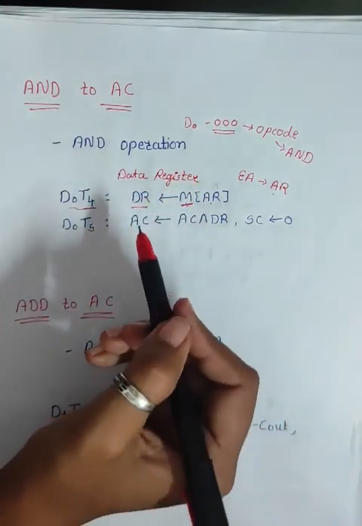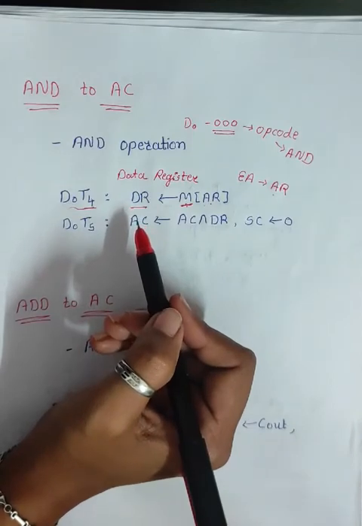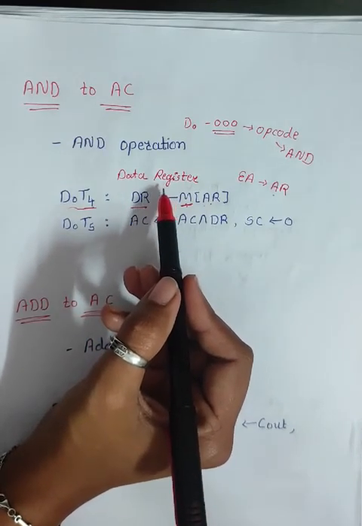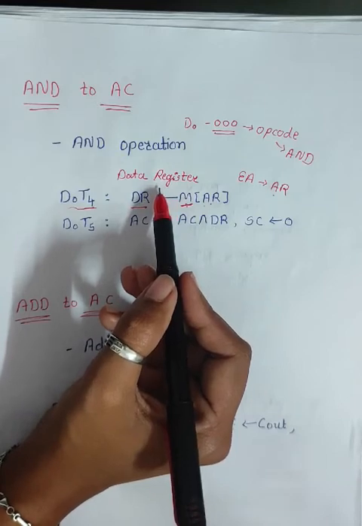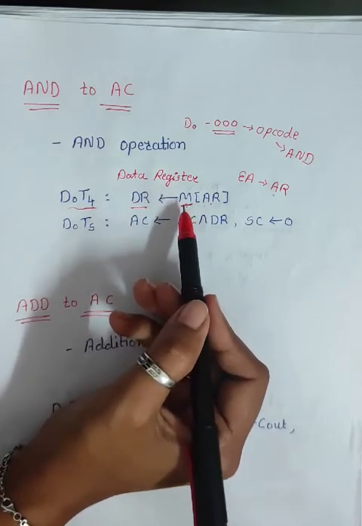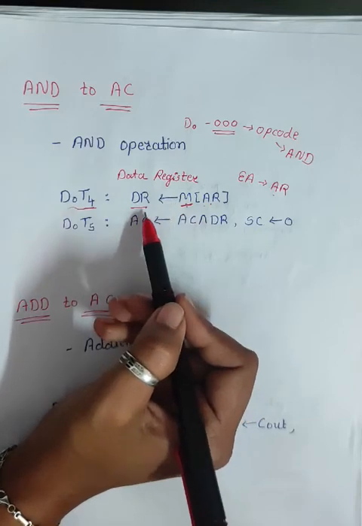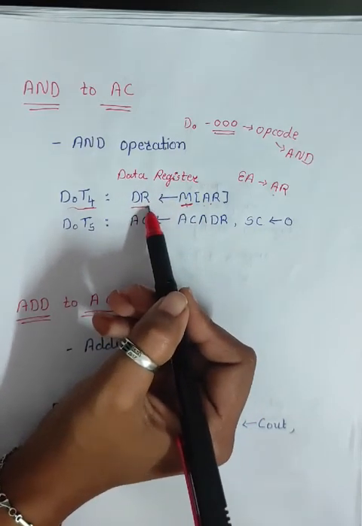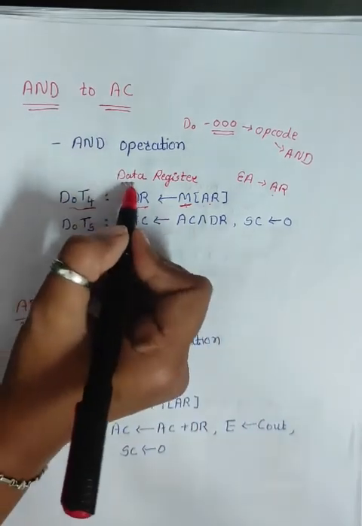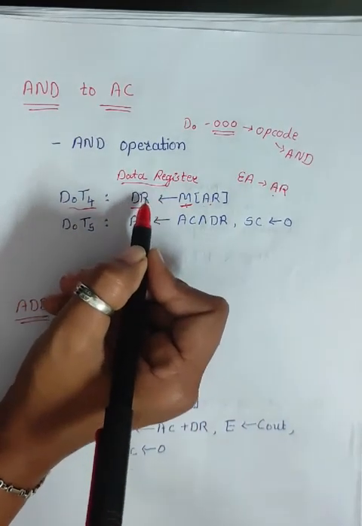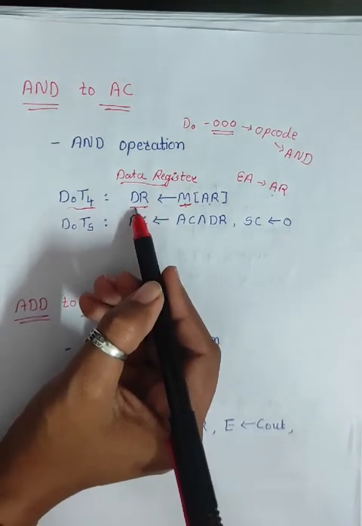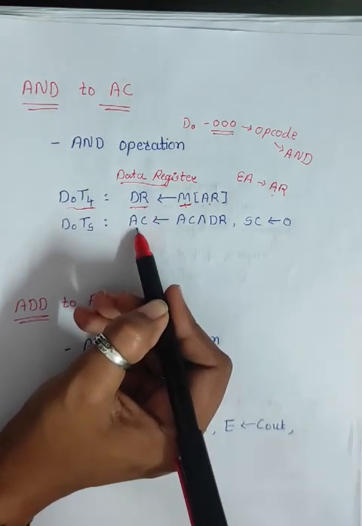In a computer, the arithmetic and logic unit, ALU, is not directly connected with the memory, so we cannot perform a direct operation with the memory. For that we first transfer the data into the data register, and then the ALU, which is connected with this data register, can directly perform the operation between the data in the data register and the accumulator.